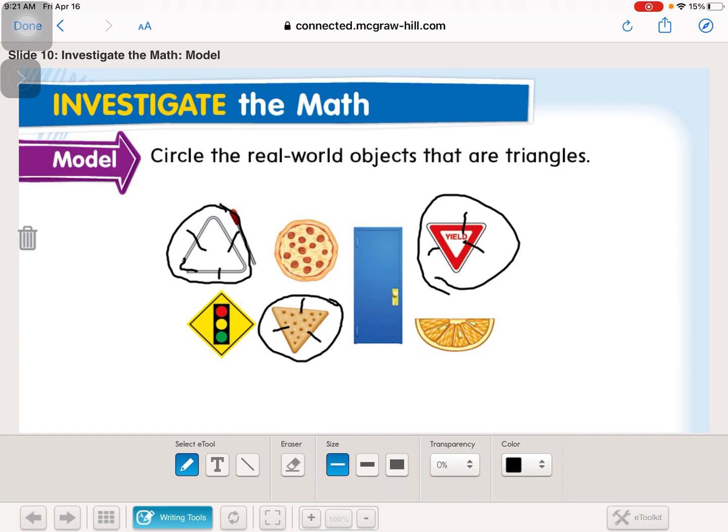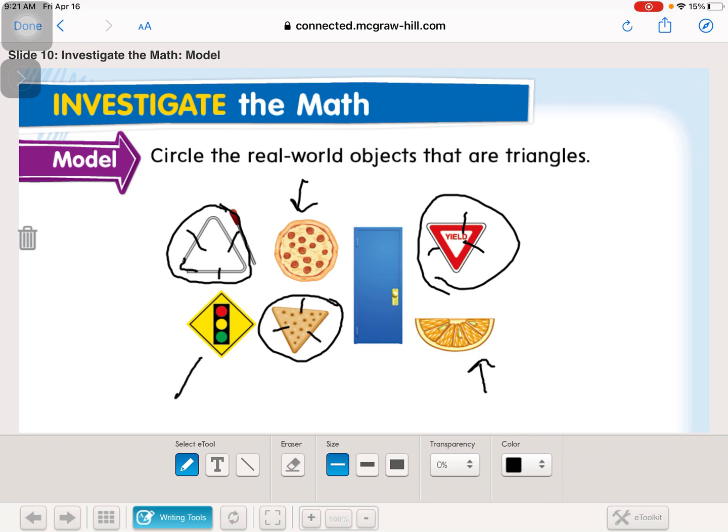How many rectangles do you see here? You should see one rectangle, the door. And how many circles do you see? We've got one full circle, the pizza, and then we have a semicircle, and that's half of a circle right here.